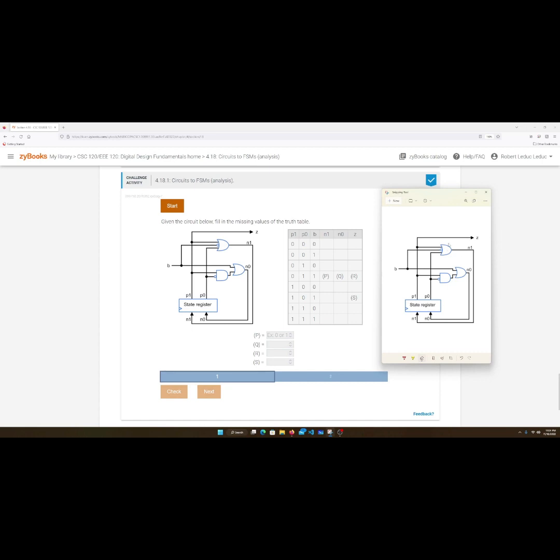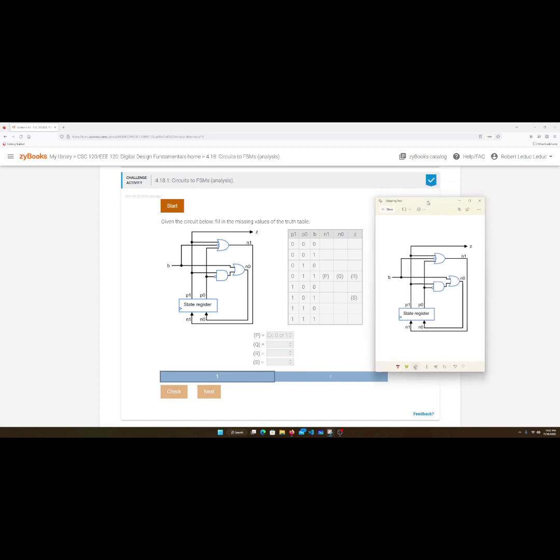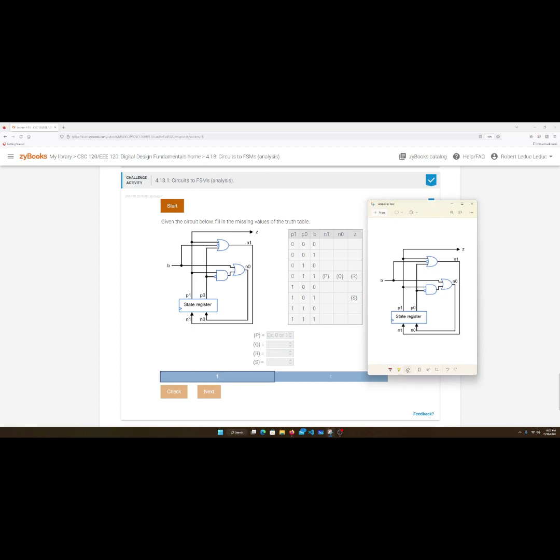So that's what we're looking for. That corresponds to the following values coming out of the state register: P1 is 0, and P0 is 1. And our value of input B is 1.